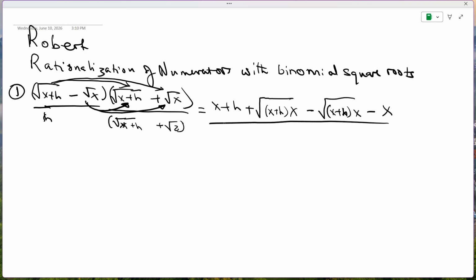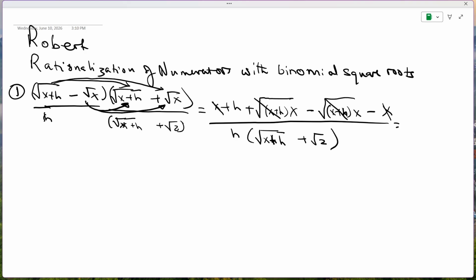And all this will be over h multiplied by root x plus h plus root x. Now, these two are similar but opposite, so they will cancel out. We have an x here and a negative x at the end, so the two will cancel out. And we are left with only h at the top.